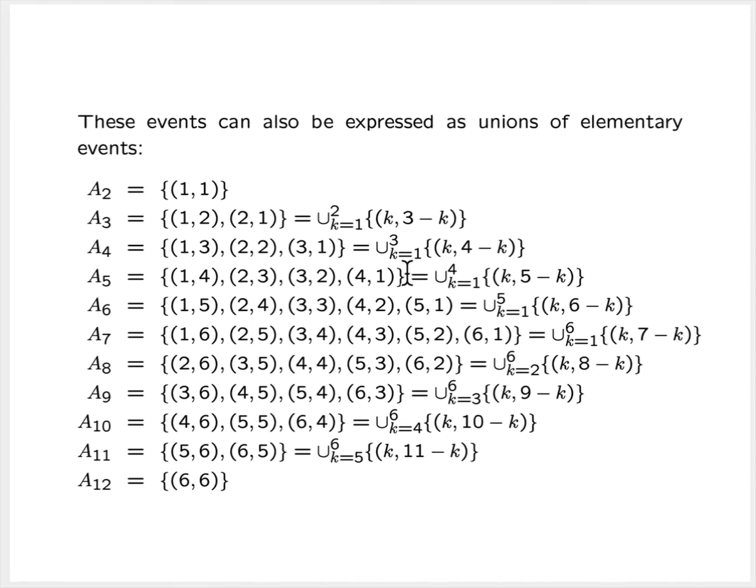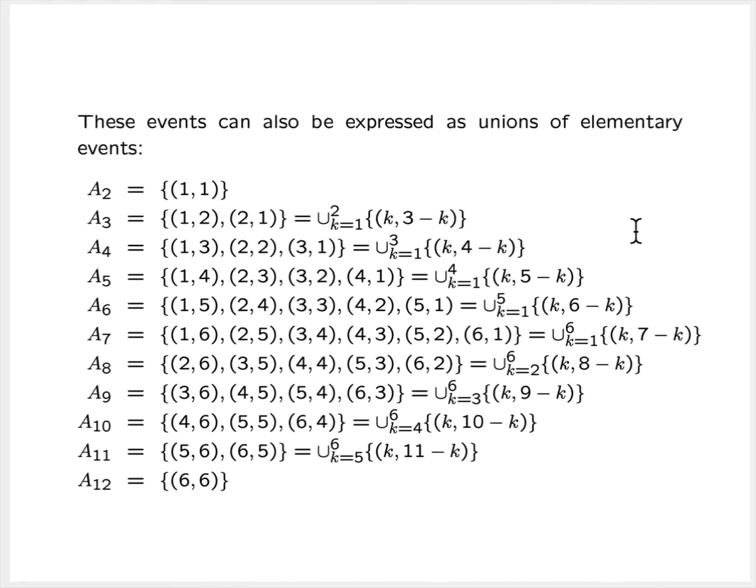And when k is equal to 3, we have the event 3, 1. And that's exactly what we have here. And so likewise, each of these composite events can be expressed as unions of elementary events according to these formulas.